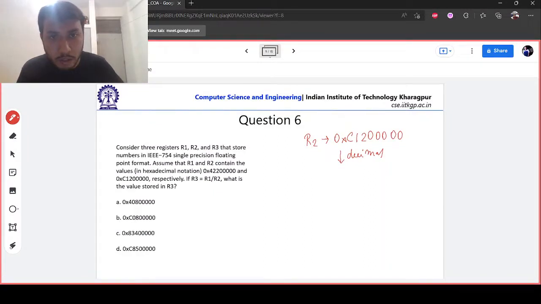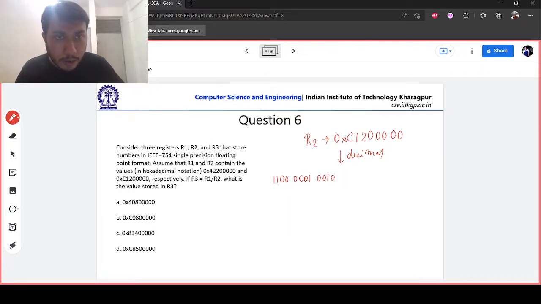What we do, like we need to convert this into decimal. So what is the value of C? C is basically 1100. Next is 1, 0001. Next is 2, 0010.